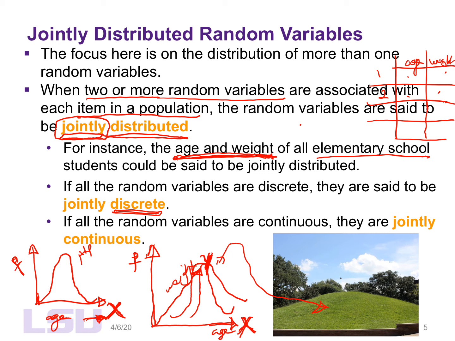If it's allowed to be continuous, which is what you would expect in age, you could be 20 years and 7 months and 1 day old, it's continuous. And those variables will be said to be jointly continuous. And that's basically the difference between discrete and continuous, whether or not decimal values are allowed.